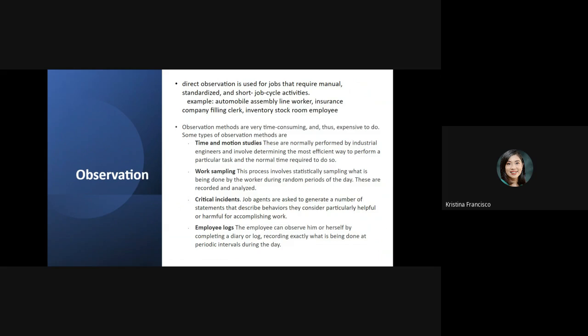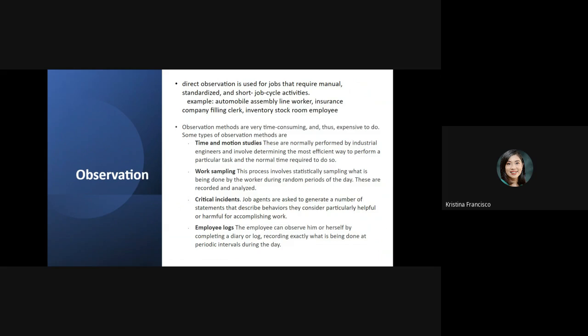We have also critical incidents, which collect descriptions of behaviors that signify impact on job performance, both positively and negatively, and employee logs, wherein workers record their activities through the day, though they may forget or misreport tasks. So managers often combine observation with interviews for a more complete picture of job responsibilities.